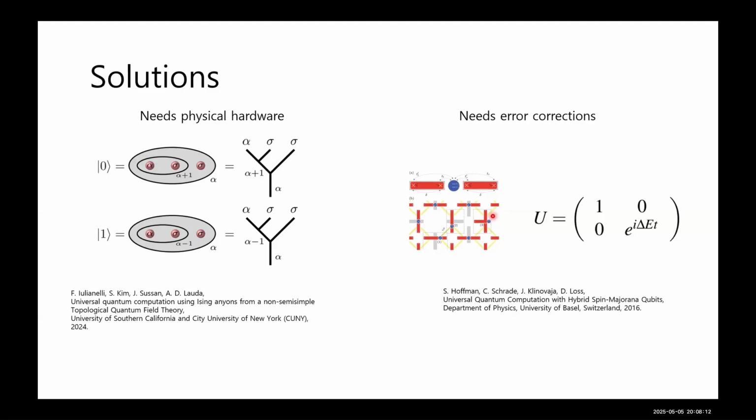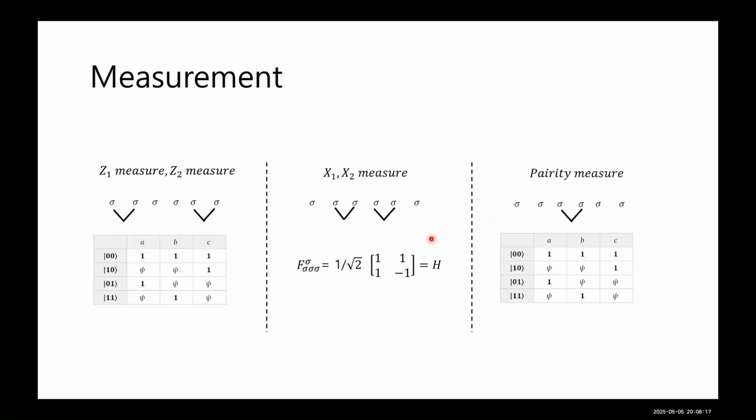So there are some problems with these Ising Anyons. But there is some strength that comes from the measurement. Actually, we don't have to make some braiding if we want to use a practical particular measurement set. So let's see. If we want to measure G1 and G2 bases, what we have to do is fuse these four anyon particles.